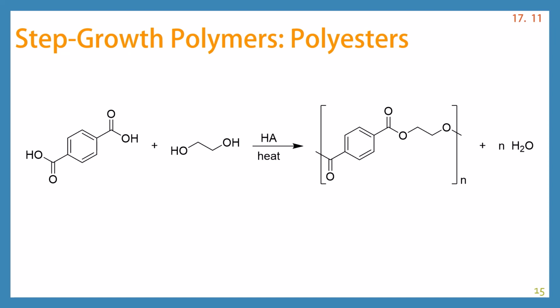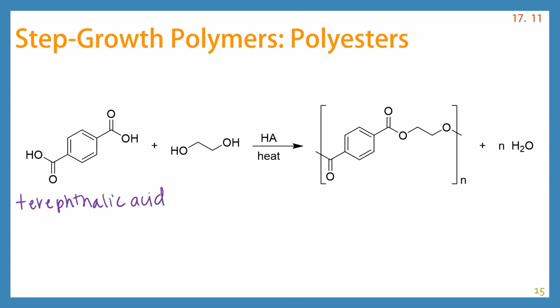So our last topic in chapter 17 are some pretty cool industrial synthetic uses of carboxylic acids and their derivatives. So in this case, we have a dicarboxylic acid, quite different from our malonic acid we saw a second ago though. This is called terephthalic acid.